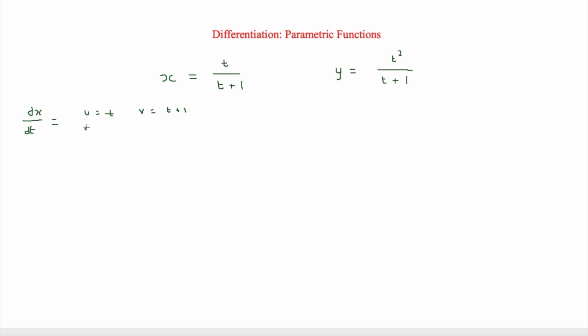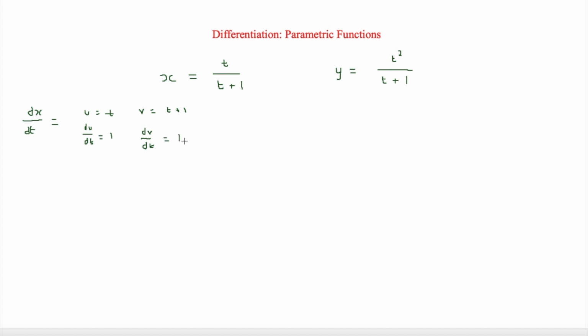Then du over dt is going to be equal to 1, and dv over dt is also going to be equal to 1.